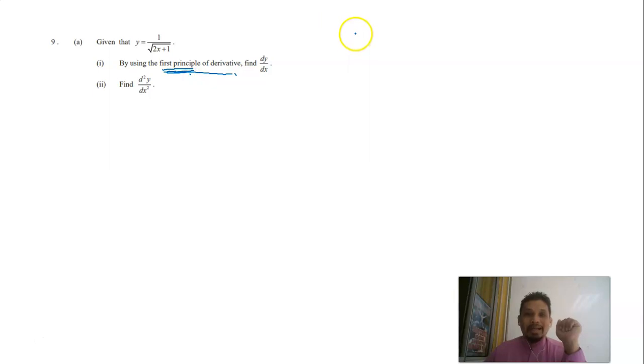We can define y as 2x plus 1 to the power of 1 over 2, and bringing this above, we get 2x plus 1 to the power of negative 1 over 2.